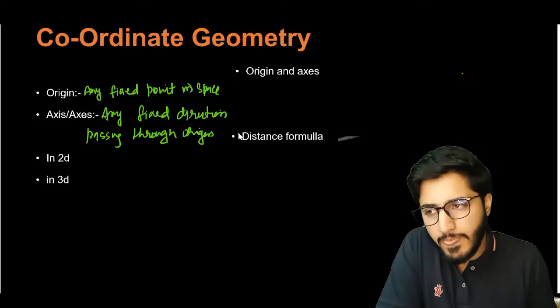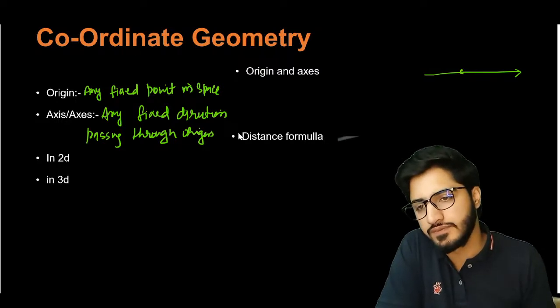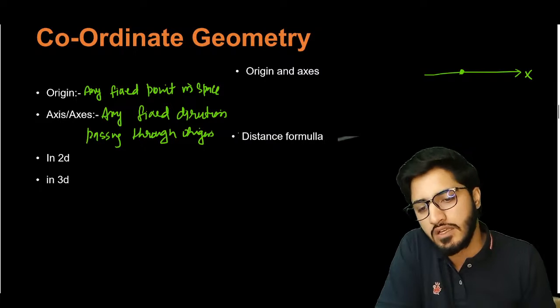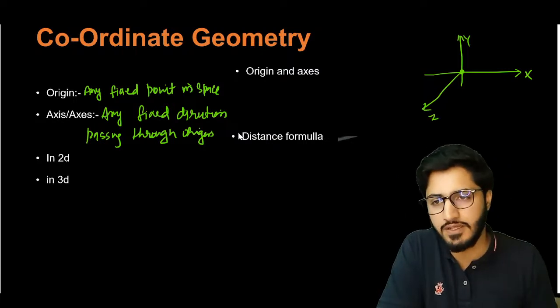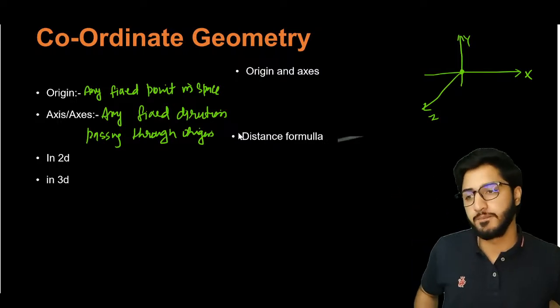So let us suppose this one is a straight line and it is passing through my origin. I will mark it as x. This one is y. Let us suppose this is z. So we are having 3 axes, right? If we are dealing with the 3 axes, we can call it 3D.